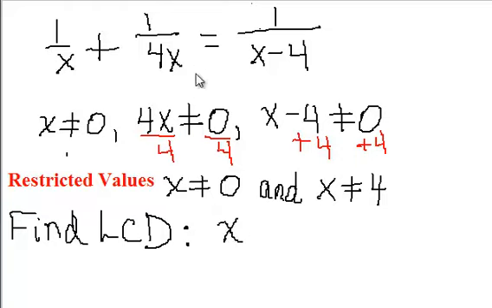Now the second denominator has two factors in it. It has a factor of 4 and a factor of x. Now x has already appeared as a factor, so I don't need to write that again. But the 4 has not yet appeared as a factor. So 4 does need to be written as a factor in the LCD.